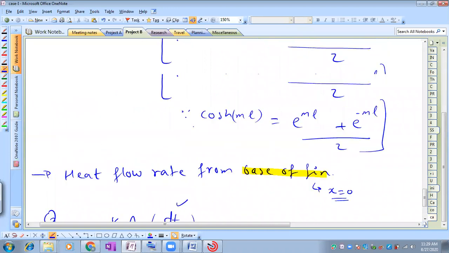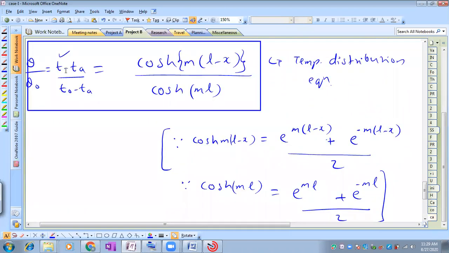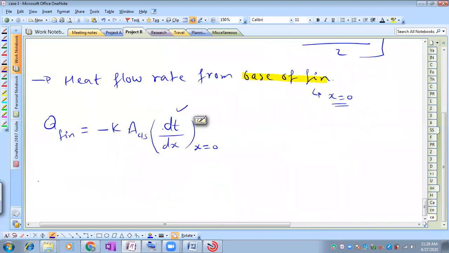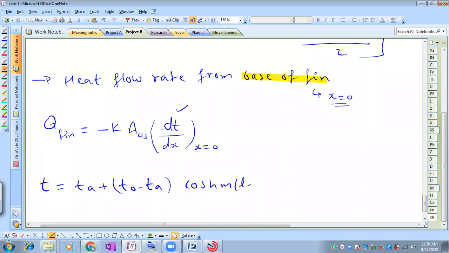Now, in order to get my dT by dx, I can refer back to the temperature distribution equation. From this equation, we have (T minus Ta) upon (T0 minus Ta). If I write this in terms of temperature, T is equal to Ta plus (T0 minus Ta) into hyperbolic cos of m into (L minus x) upon hyperbolic cos of mL.